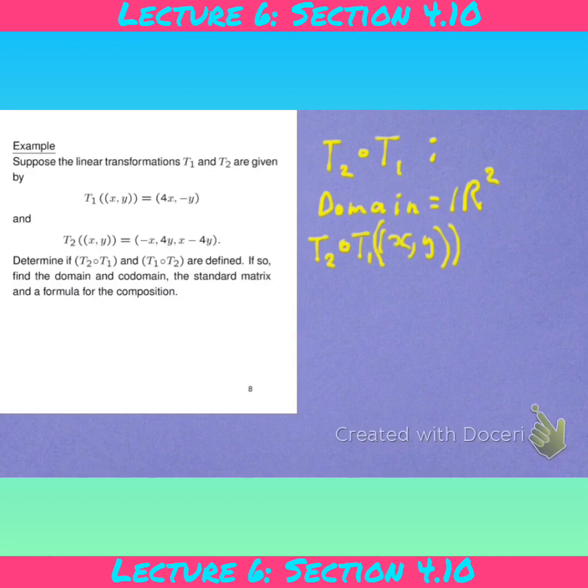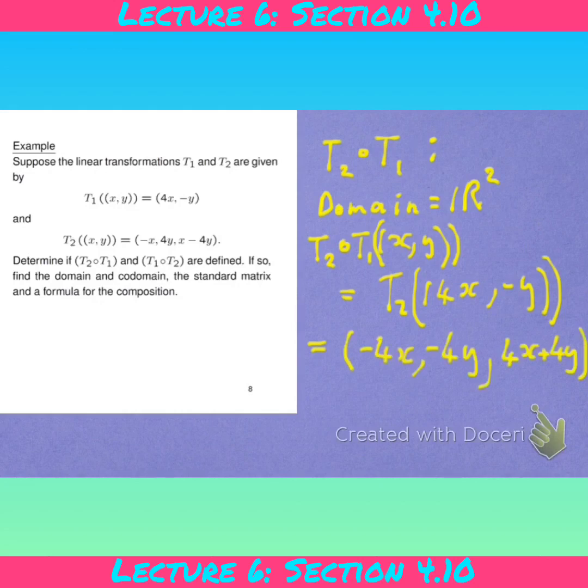All right, so first, T1 sends the point x comma y to 4x minus y, and then letting T2 act on that point, we get a point in R3. So that gives us a clue as to what exactly the range of this function is going to look like.